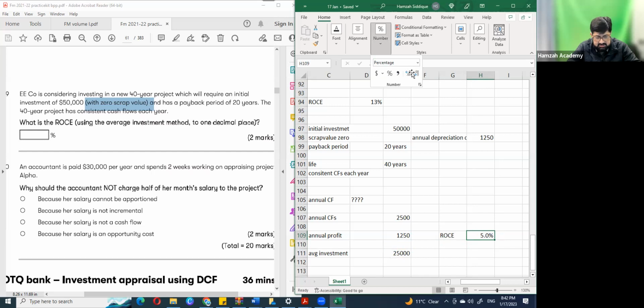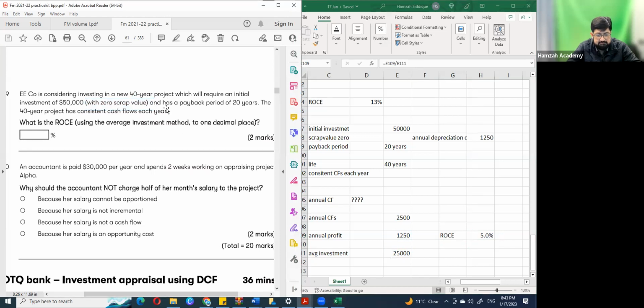It is 5%. Is it clear, students? Is it clear?